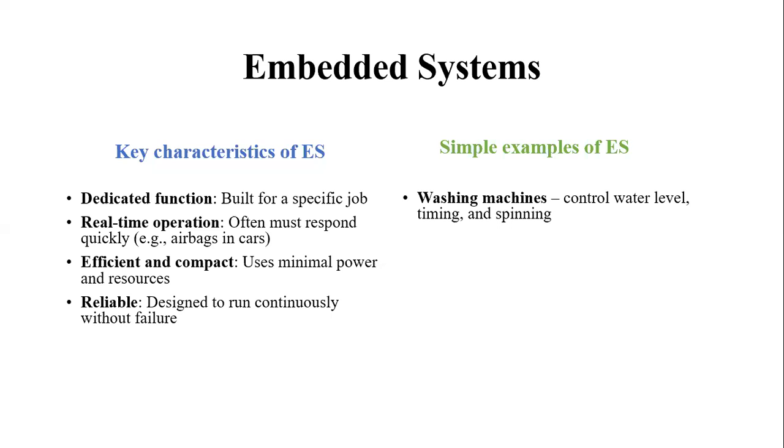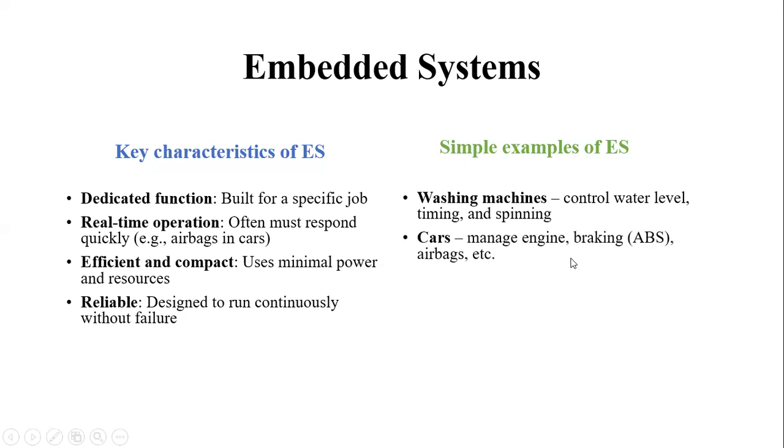The next one is timing, because every operation is related to time. Everything depends on the time. And the next one is spinning. These are the best examples of an embedded system. Is it clear or not?